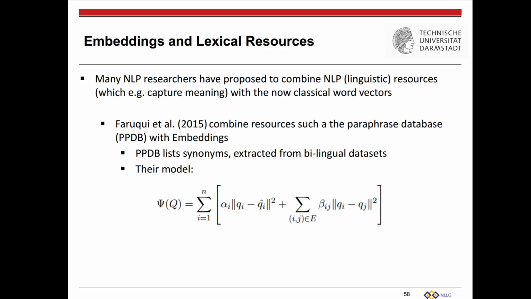So we have these classical lexical resources like WordNet or the paraphrase database that give lexical semantic relations between words.